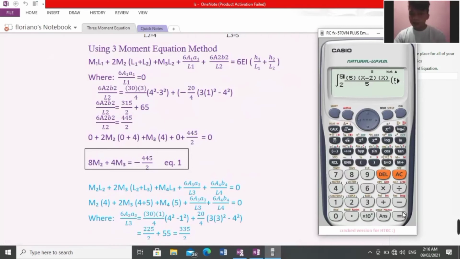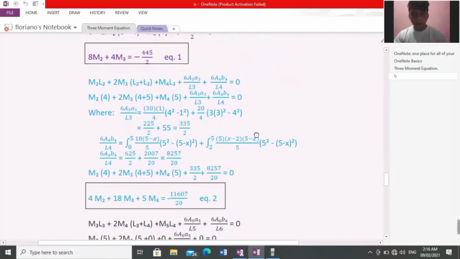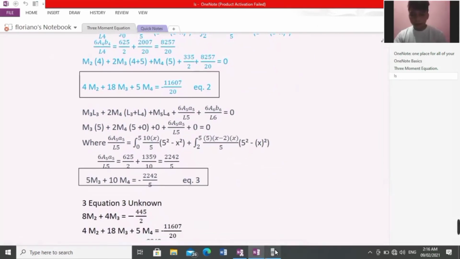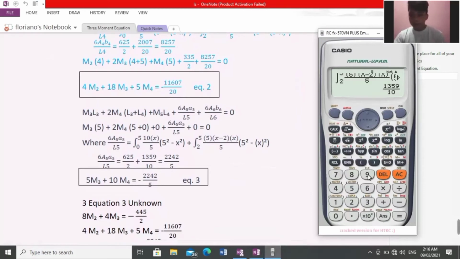So, equals to, balik na natin dito. So, magiging sagot is 1,359 all over 10. Tama yung sagot natin. So, i-add natin yun. 625 all over 2.